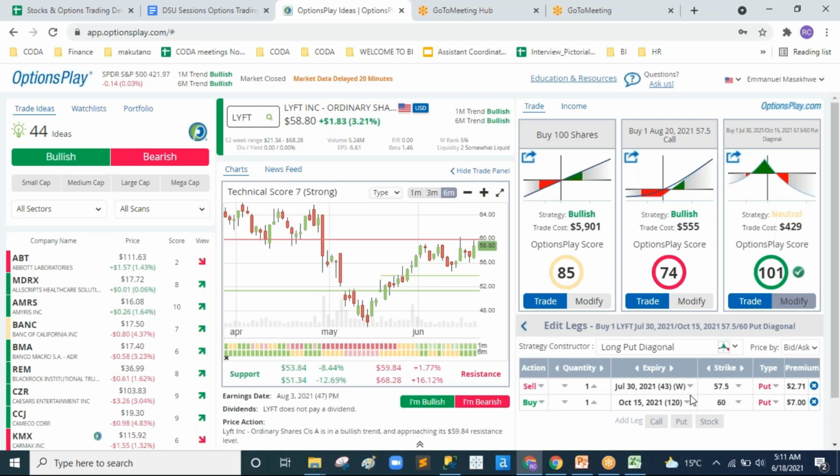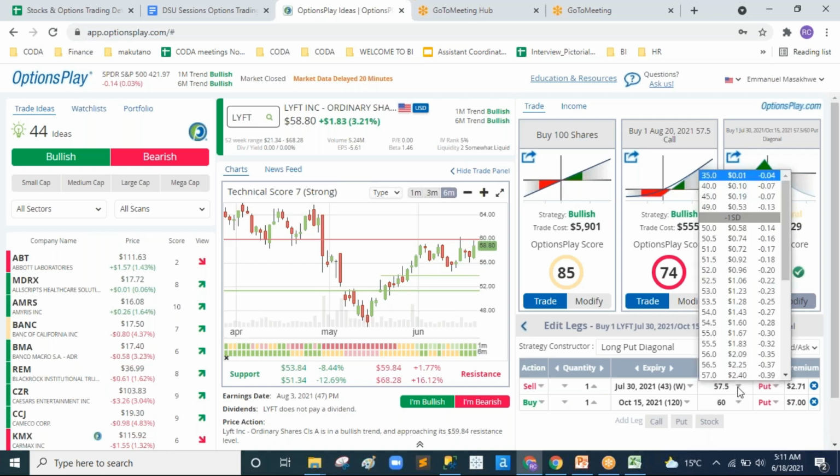And then the sell has to be 20 to 30. So you need to check that. Yeah, so that's okay. So let's see the 57.5.